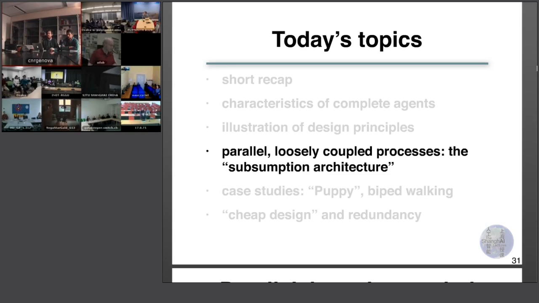And again, in the perspective of building a system based on the principle of operation of a cell, what can I start to do? Well, I can mimic the parallel loosely coupled processes of the biochemical information processing of a cell by a set of parallel independent processes in a computer.